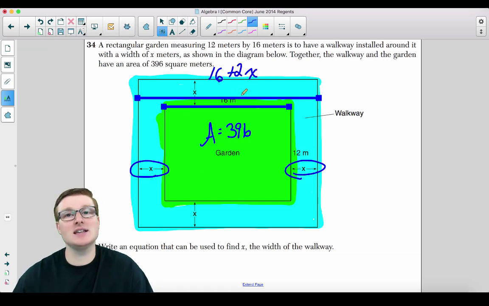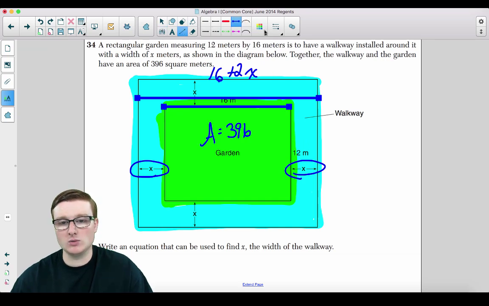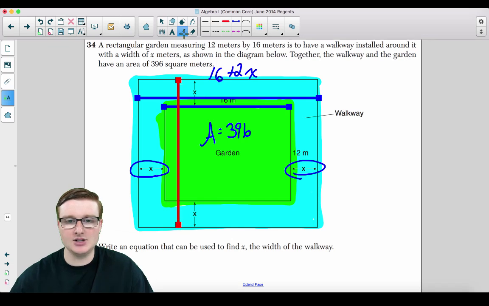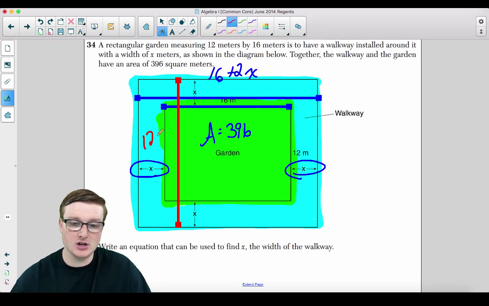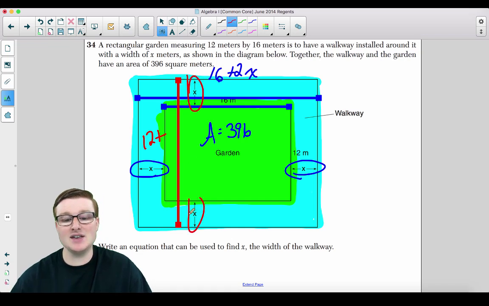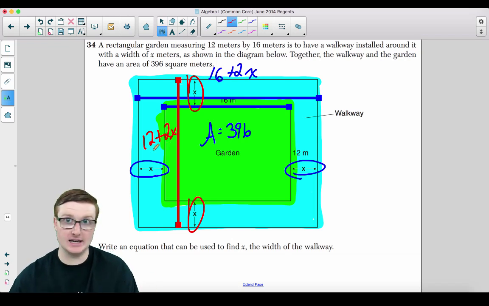That is your length: the length of the garden plus the two sides of the walkway. Now the vertical one, up and down, your width, is going to be 12 meters plus this x and this x, which is 2x. So your width is 12 plus 2x. That's the size of the whole garden.